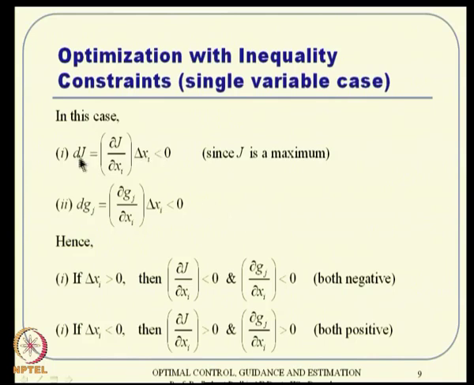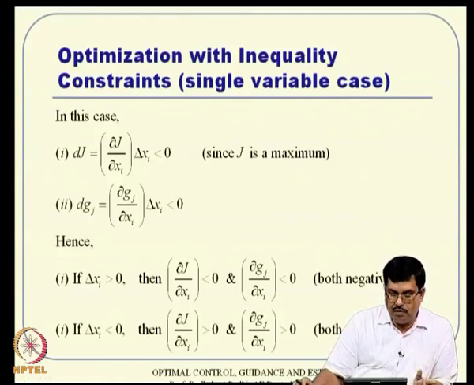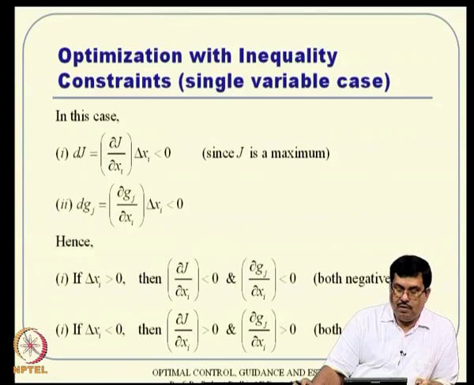So, d j is nothing but del j by del x i into delta x i. This is less than 0, since j is a maximum point. Any direction I go from that point, this has to decrease. That is a free optimization problem, but in a constrained optimization sense it may not happen. We are not allowed to go to one side, but in whatever direction we are allowed to go, within that allowable zone, the cost function is supposed to decrease.